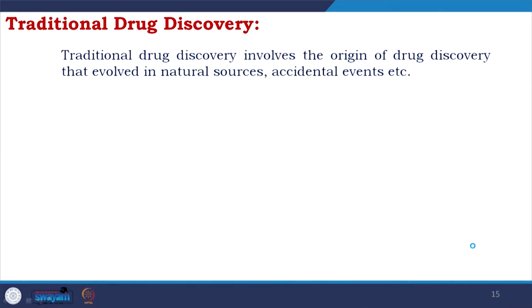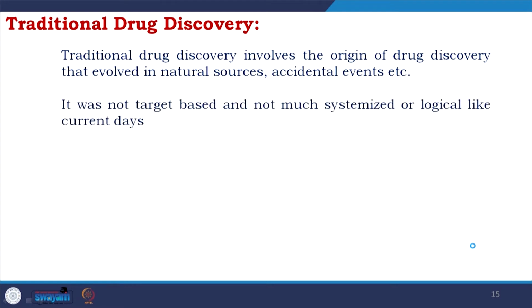The traditional drug discovery involves the origin of drug discovery that evolved from natural sources, accidental events, etc. It was not target based and not as systematized or logical as in current days.